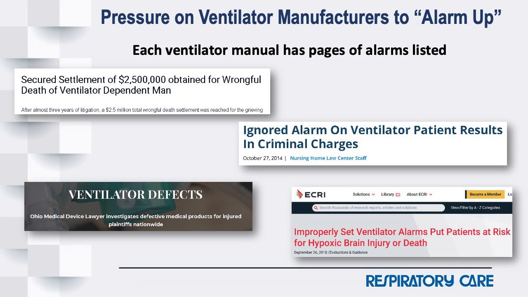And as you can see, these images here are noted settlements of cases involving ventilator alarms. So there are legal pressures on ventilator companies as well as hospitals to set alarms properly and to make sure we don't miss anything. But if we set them too tight, as you'll see, we could probably create alarm fatigue.